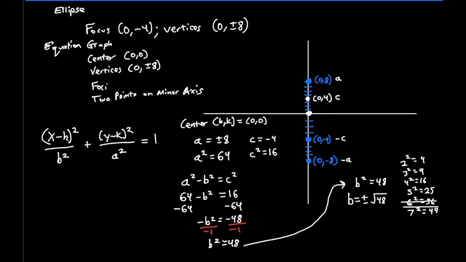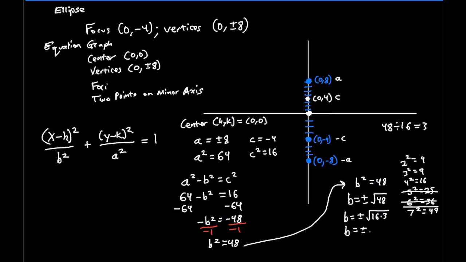If you try to divide 48 by 25, it'll also be a fraction. But if you divide 48 by 16, that's 3. So in other words, underneath the radical, you can rewrite 48. You can say 48 is the same thing as 16 times 3.